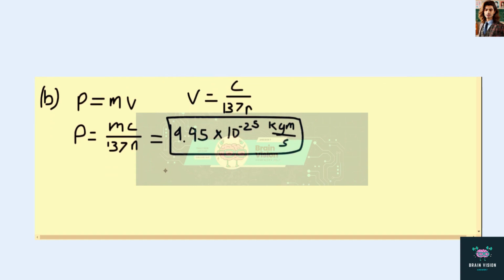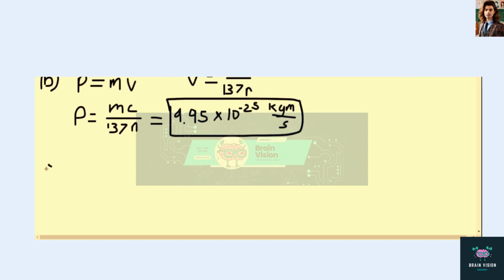Part C wants us to find the angular momentum of the electron. So the angular momentum of the electron, we'll call L, is equal to, in this situation, we're using classical angular momentum, so this is mass times the radius of orbit times the velocity, v.